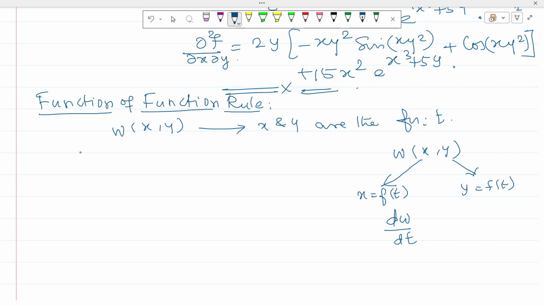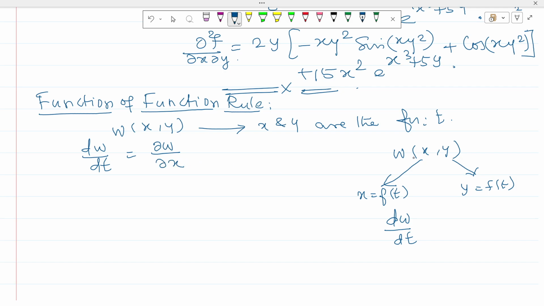In case if you want to find dw by dt, why are you writing dw by dt, why are you not writing del w by del t? It is ordinary differentiation, because x and y is the function of only one variable t. Then we have to write dw by dt here. That means del w by del x.